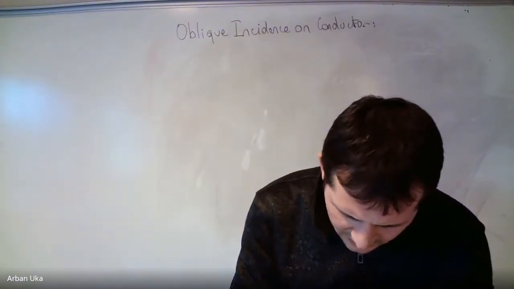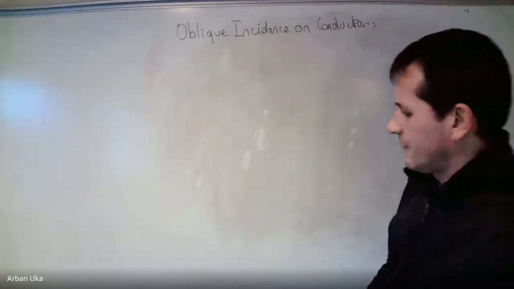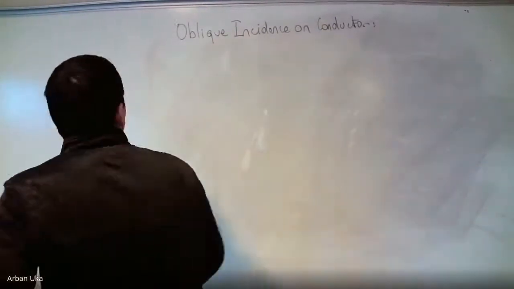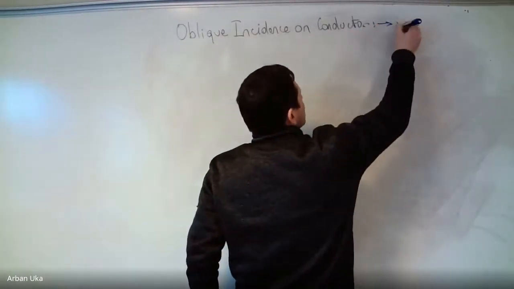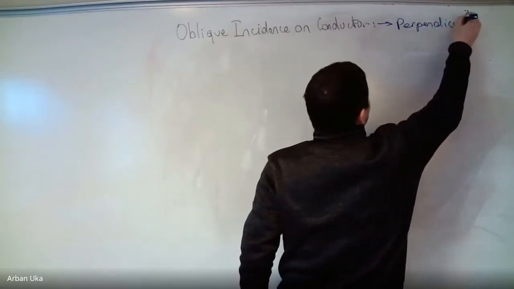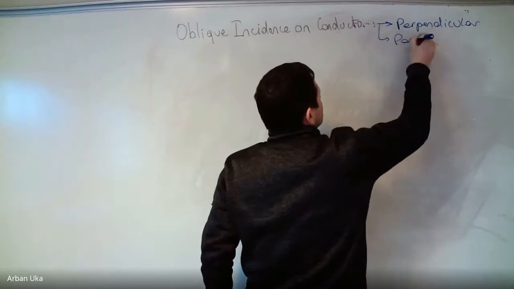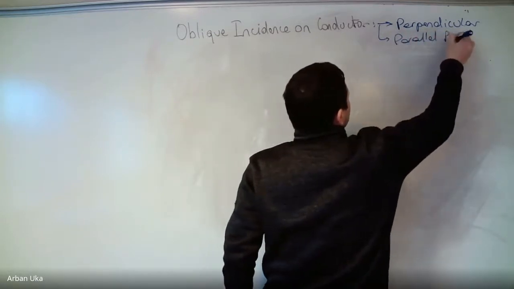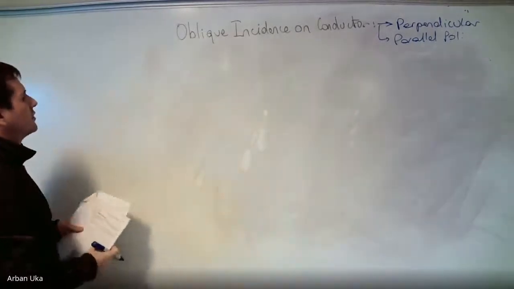So now, whenever we have a conductor, we still have two options, where we have the perpendicular polarization and the parallel polarization. So we still have these two different options.